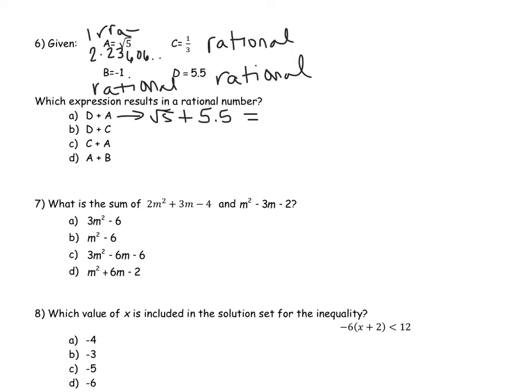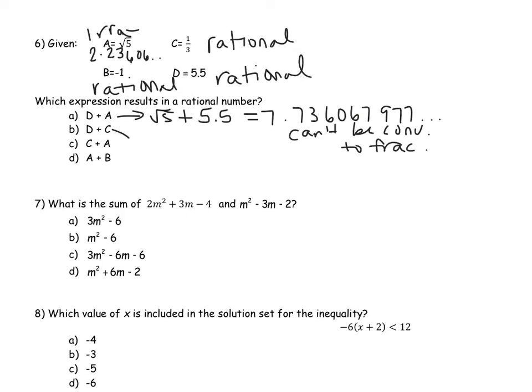Because if I'm taking a crazy number like 2.23606, blah, blah, and adding on 5.5, I'm going to get 7.736067977, blah, blah, blah. And if I hit math, enter, enter, it can't be converted to a fraction.